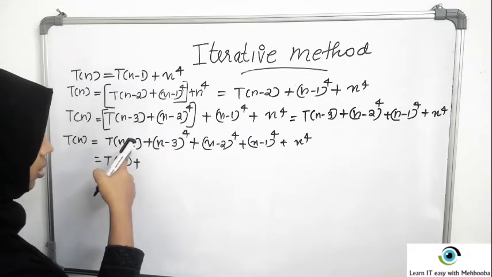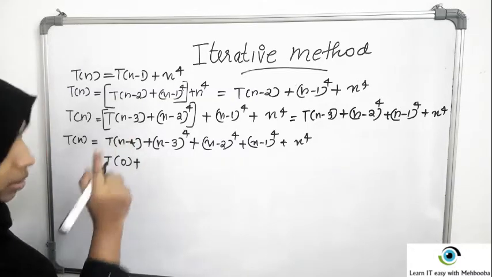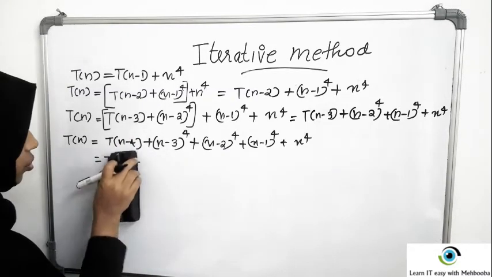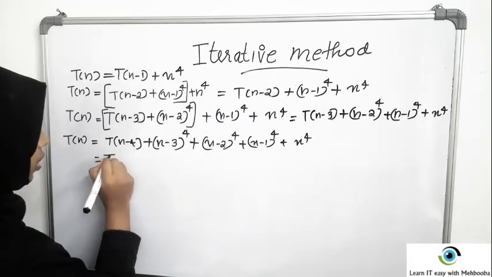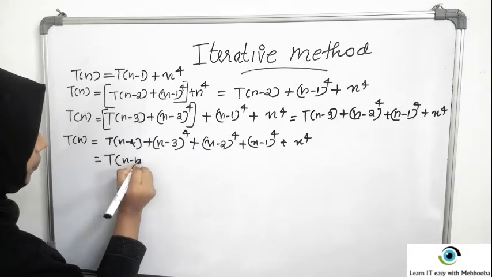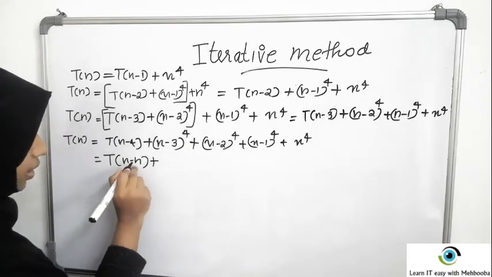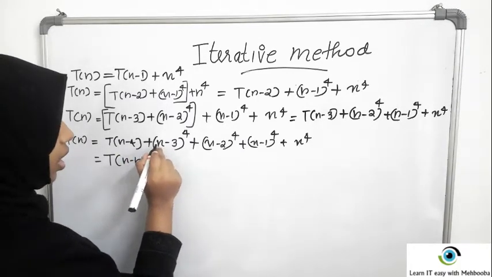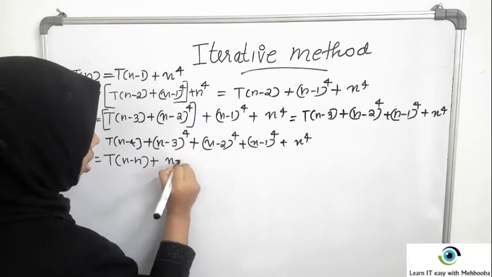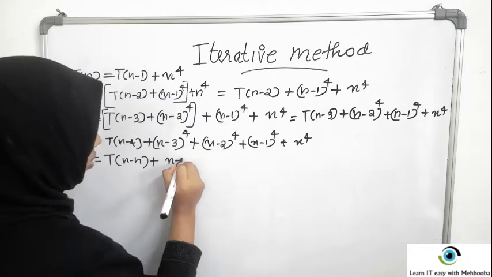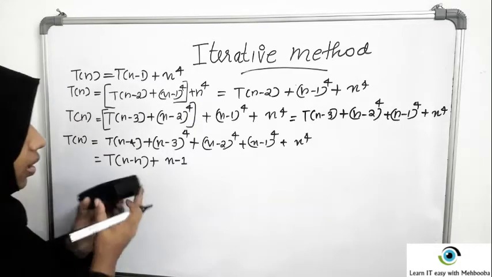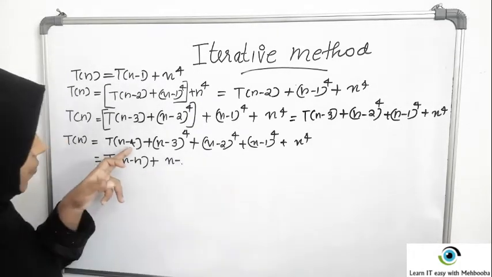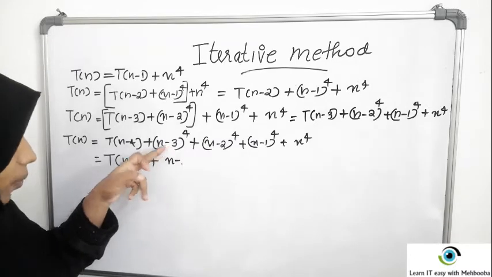Then if it is n, I will write n minus n so that it will be easy for you to understand. So T of n minus n. Then if it is n here, this will be n minus 1, isn't it? If it is 4, it is n minus 3, 4 minus 1.